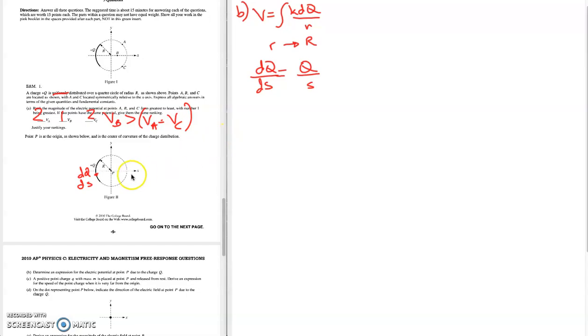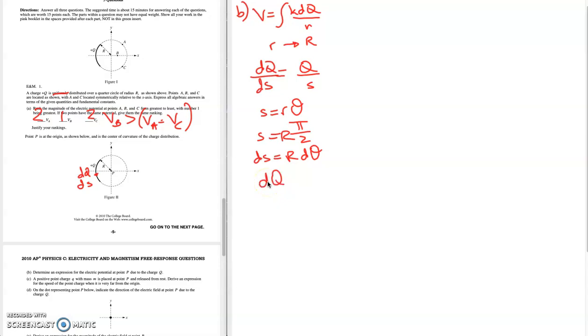Now they told us that it's a quarter circle. So s equals r theta, and a quarter circle would be pi over 2, and that's r, and that's s. So that means ds is now going to be r d theta. So let's get rid of the s's and put them in terms of r's and thetas.